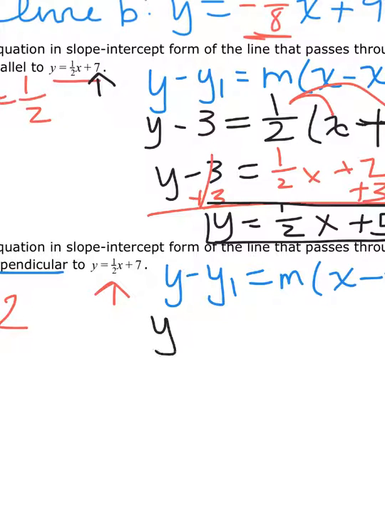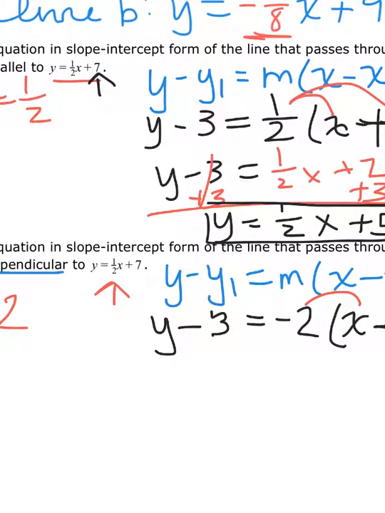So I'm going to have y minus, what's y1? 3, equals, m is -2, times x minus a -4. What did we say about that minus a negative in the last problem? It's a positive, right?